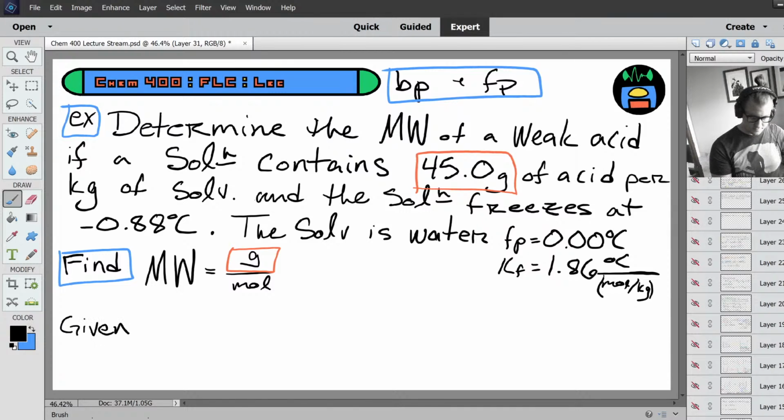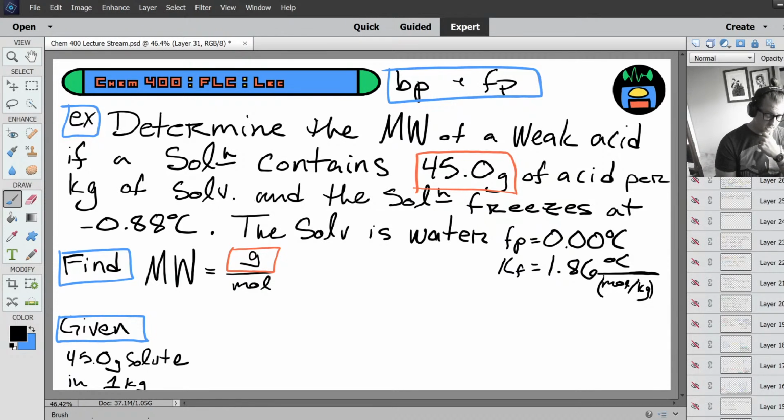Let's look at what we're given. So we're given that we have 45.0 grams of solute in 1 kilogram.